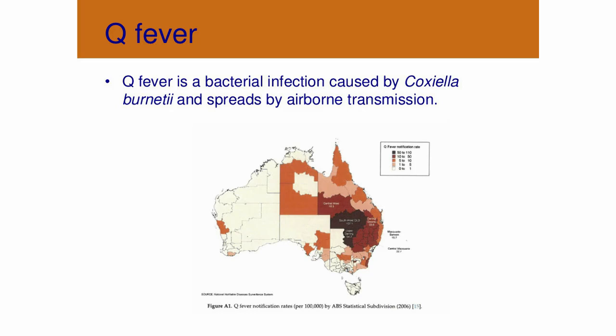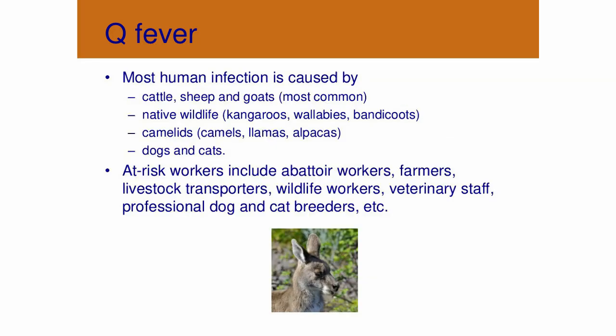As you can see from the map, Q fever is particularly prevalent in Queensland and New South Wales and the Northern Territory. So many different animal species can be infected with Q fever, but most human infection is caused by cattle, sheep, and goats.